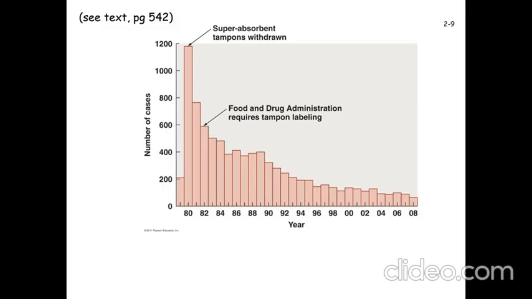And it continues to just decline year after year until you see in 2008 we have probably less than 100, less than 50 even, cases of toxic shock syndrome. So it still exists and still can be a problem, but greatly reduced by getting rid of those superabsorbent tampons and making the public aware of the problem with this. So making people aware so that they're not endangering themselves with those.